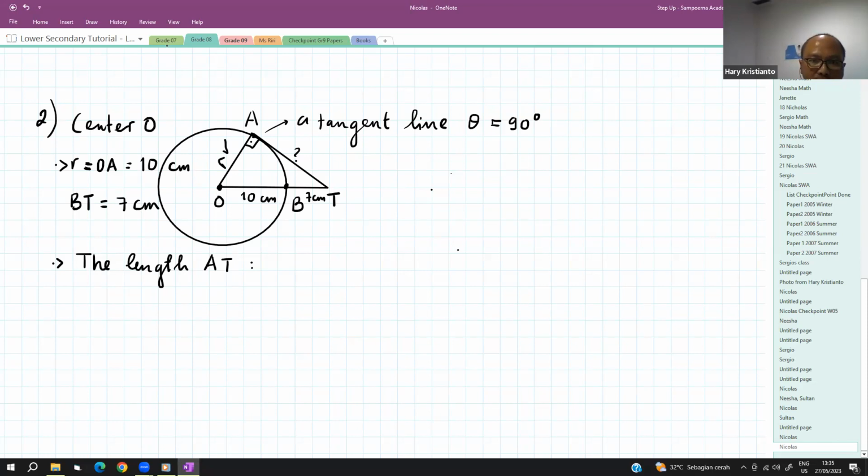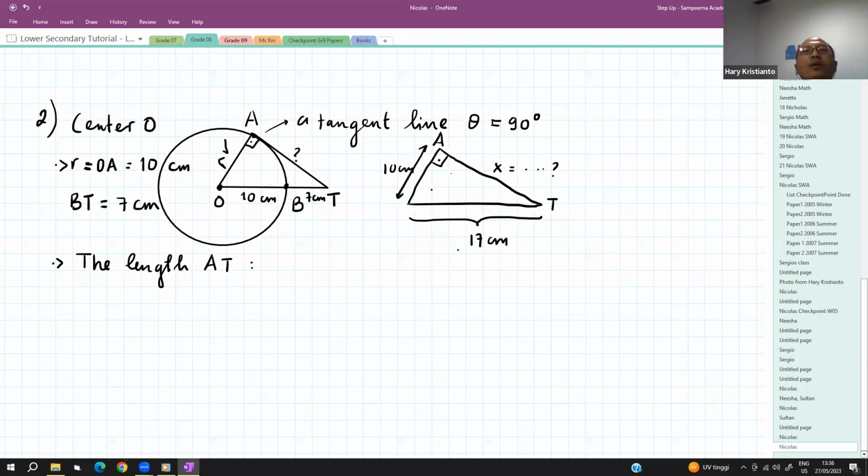If I draw it again, it is simply a right angle triangle with the hypotenuse 17 centimeters. AT is not known, so let me call it x, and the other side is 10 centimeters.